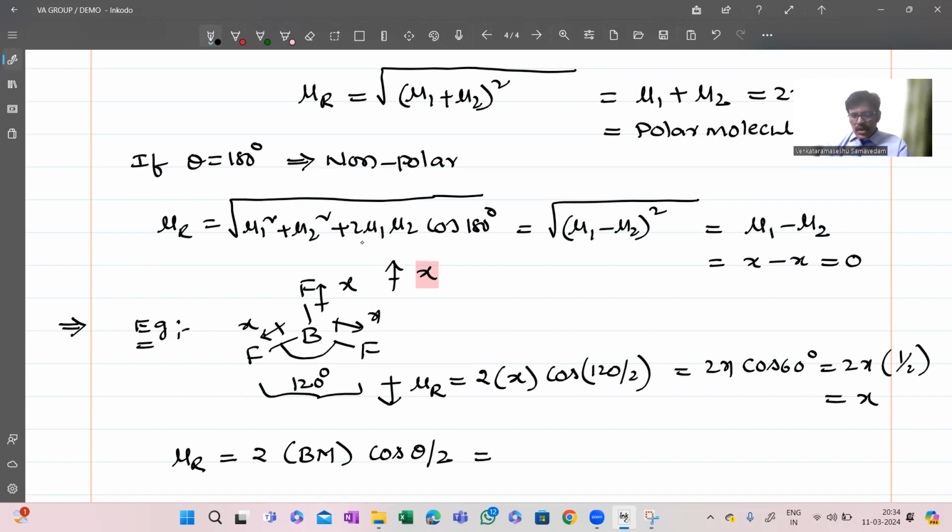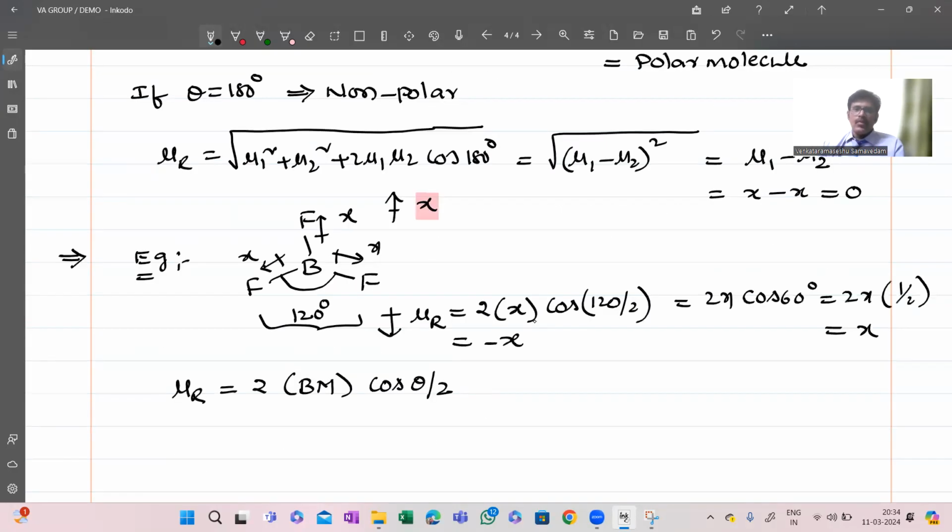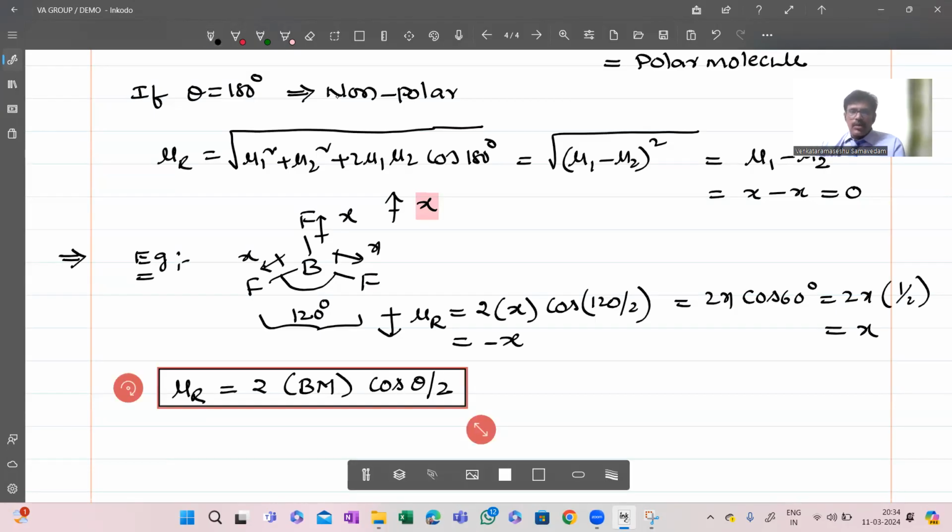Then the mu resultant I take as x. But both are opposite, so I will take minus x. Why? Because the above bond is opposite to the below two bonds. To find mu resultant, I am using this formula.